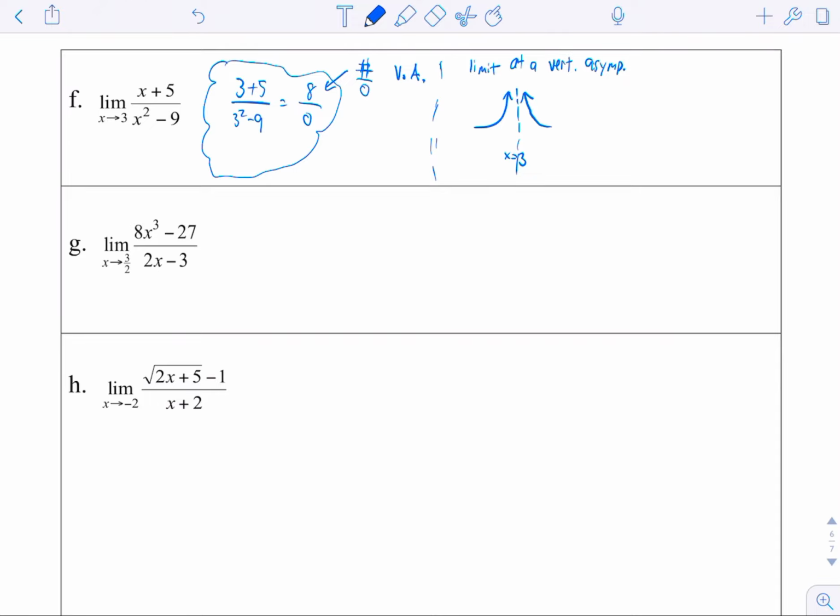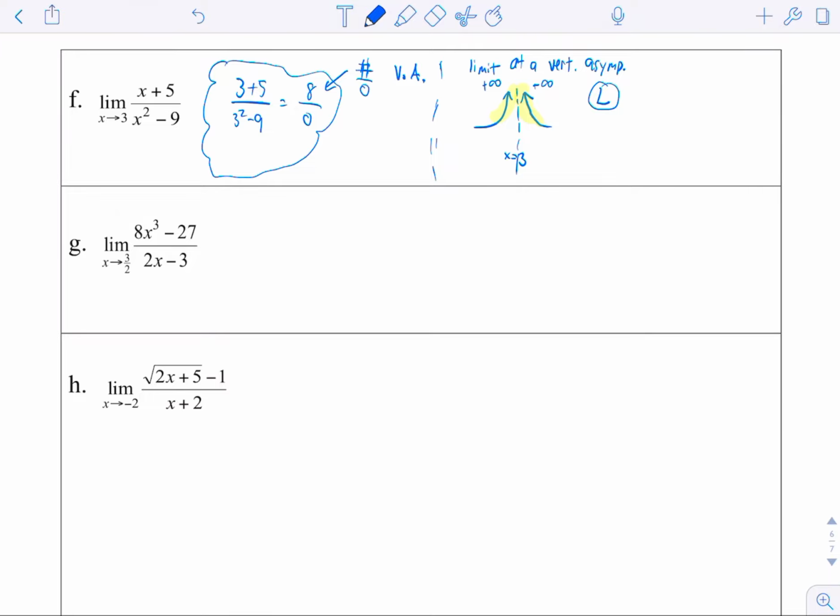We know that even though the left side limit and the right side limit both go to positive infinity, I don't know for this case, it may or may not, but what I do know is that it doesn't converge to a single real number L. Remember, that's part of the definition.